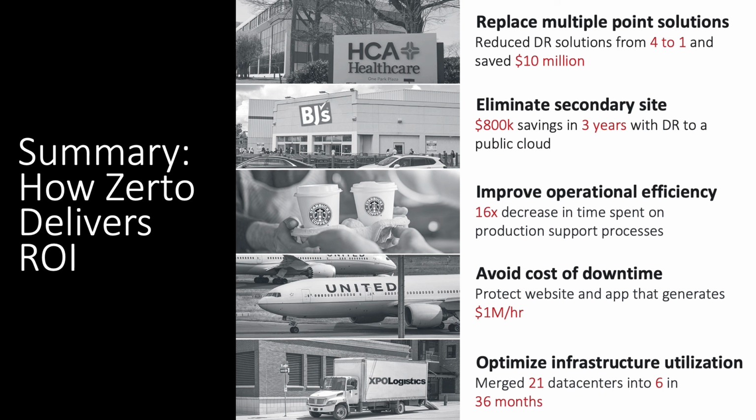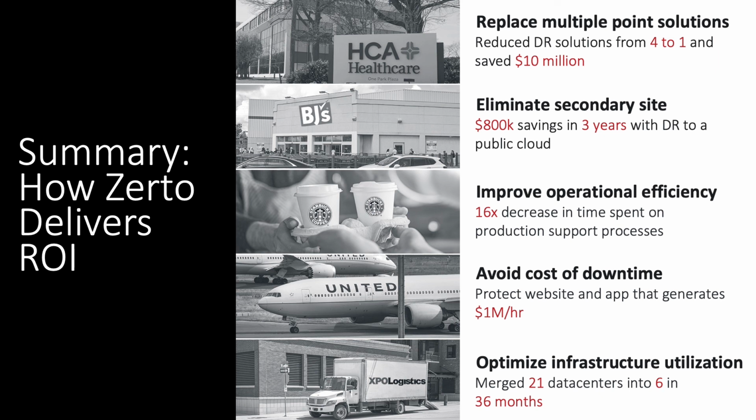In 36 months, they were able to merge 21 data centers into 6. Can you imagine that? So Zerto gives you the ability to make sure that you're not only protecting your environments and your critical applications, but all of those applications within all of your VMs as well. But it also allows you to reduce the cost, the time, the resources and labor, and the expenses related to those activities as well.